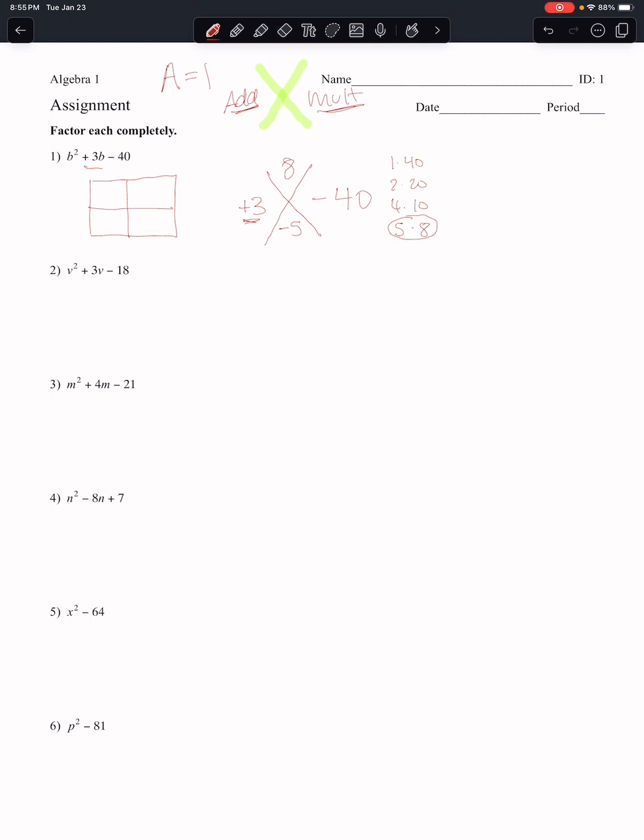Now remember, this is always the top right-hand corner, and this is always the bottom right-hand corner. Then this positive 8 and this negative 5.